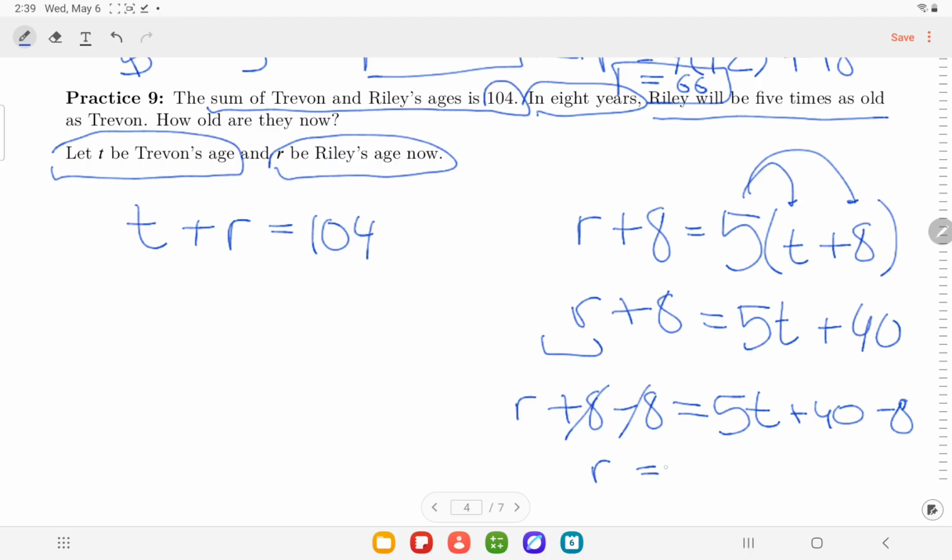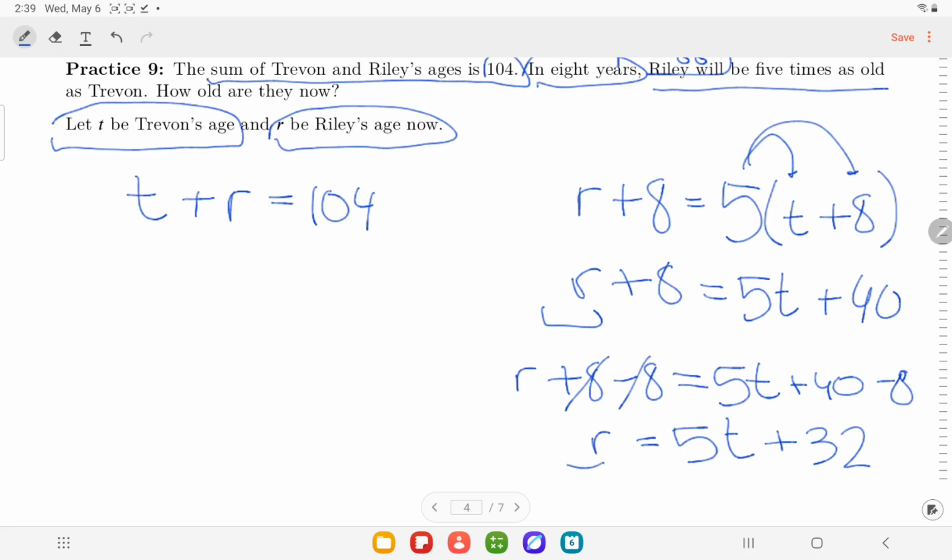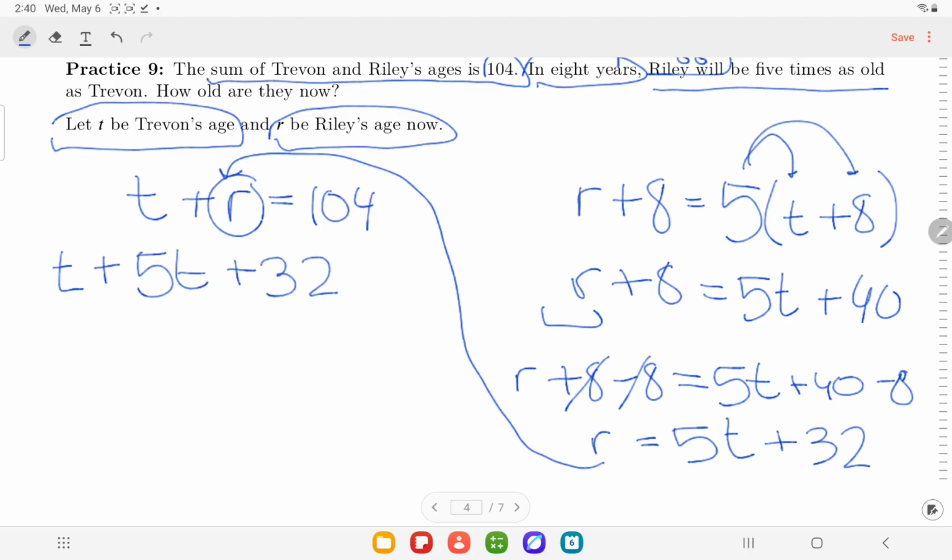So we end up with r as 5t plus 32. And then we can substitute this r here into this equation. So we will end up with t plus 5t plus 32 equals 104.